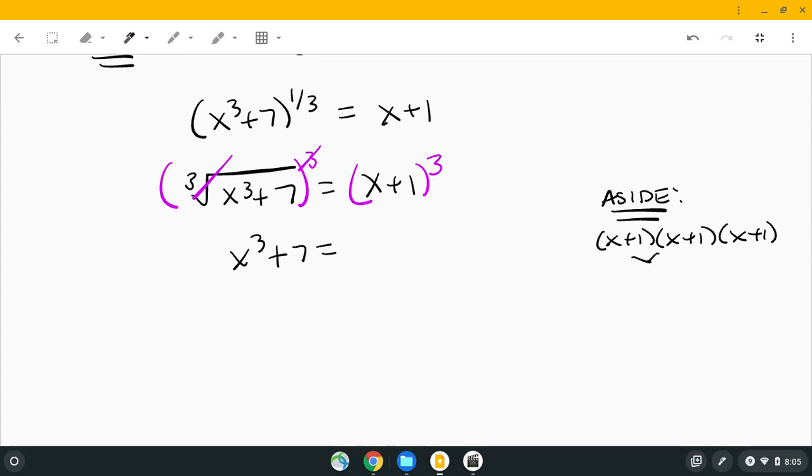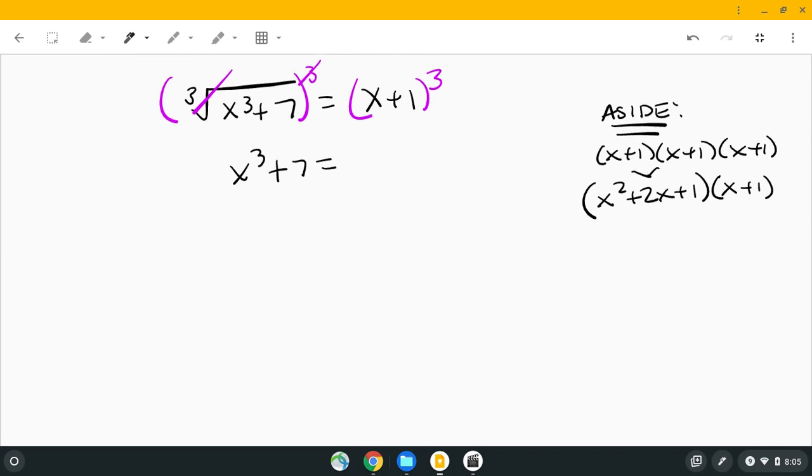This part over here is x squared plus 2x plus 1. Then I have to distribute that. There is a shortcut, but I don't believe I went over it, so I don't want to use a shortcut that I haven't shown you.